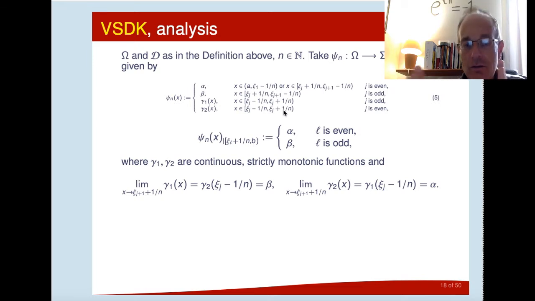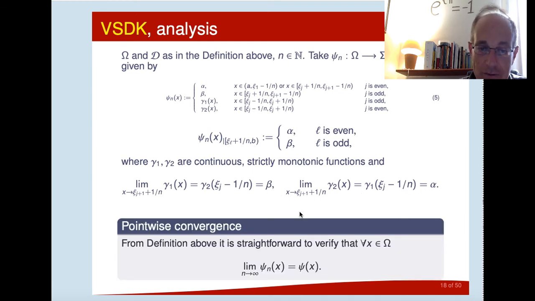And so we reduce these values around the jumps with a limit construction, so that we have this one, that at the limit when x tends to this Cj plus 1 over n, which is our jump, as n increases, tends to C2 of j, which is beta, and the same for alpha, for the other values.